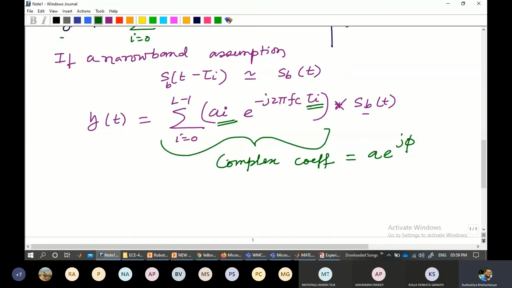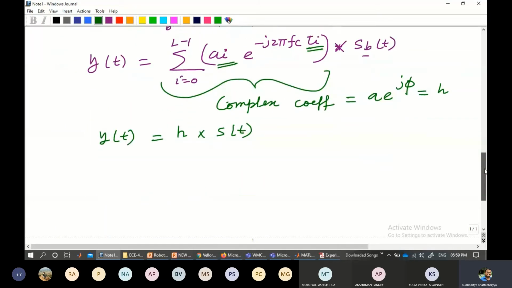Now we shift our attention. Let me take you through this to intuitively, physically understand it. I'll give you this example so that you can understand. Suppose this summation is replaced by h, so my equation becomes y(t) equals h multiplied by s(t).